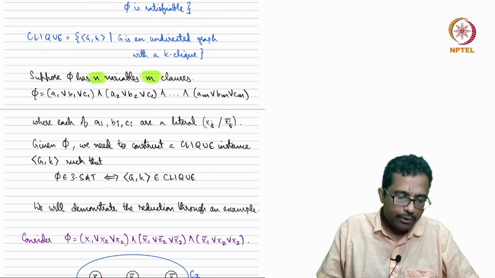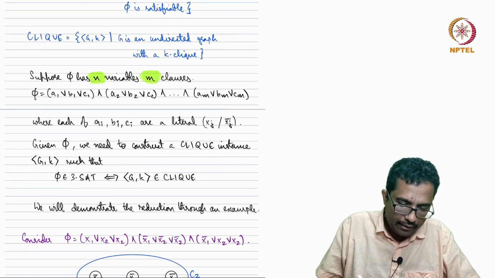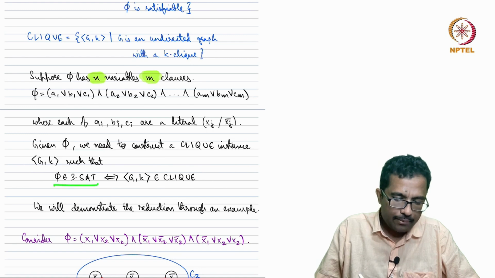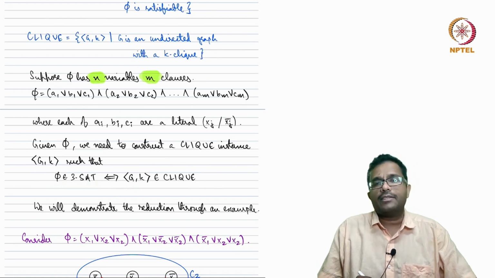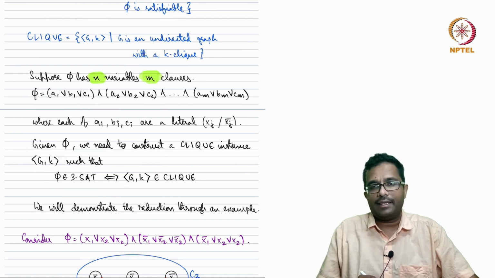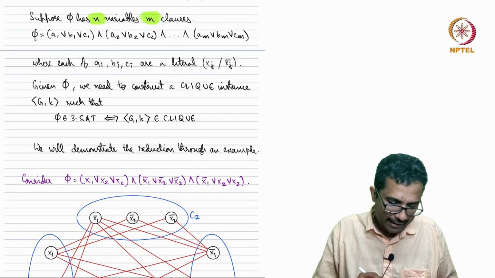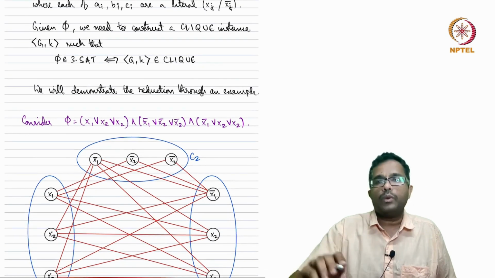Given this, we need to construct an output of the form (G, K) such that this formula is satisfiable if and only if this (G, K) is a yes instance of clique, or in other words, G has a K-clique, right? It's easiest to explain this reduction through an example.